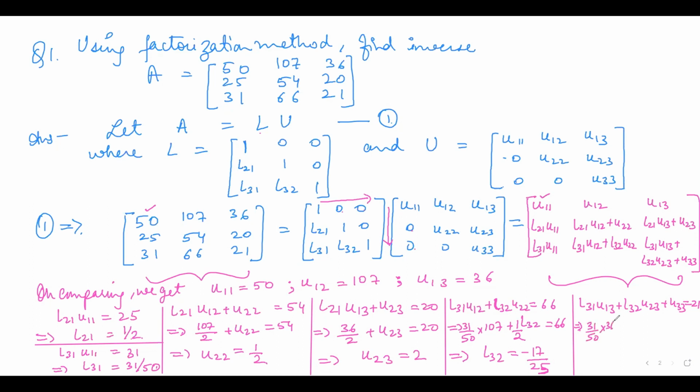U13 is 36. L32 is minus 17 upon 25. U23 is 2 plus U33 is equal to 21. So finally, after doing all the calculations, I'll get my U33 as 1 upon 25.